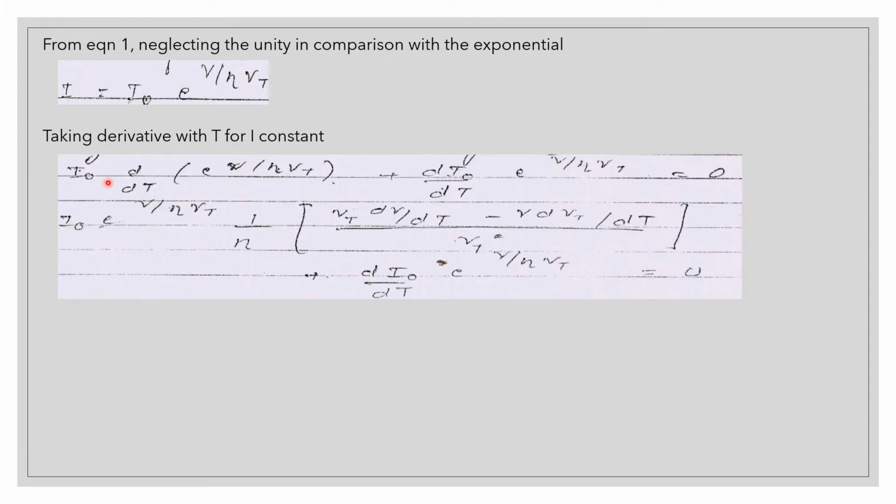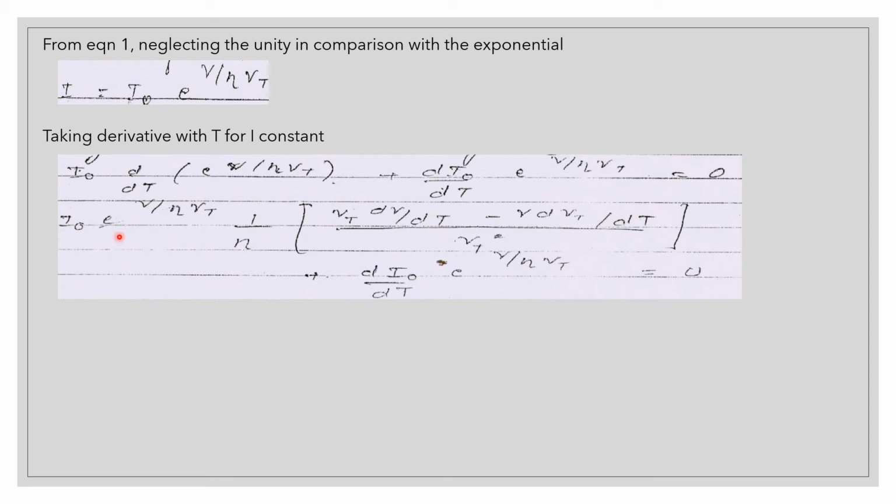From equation 1, neglecting the unity in comparison with the exponential, the minus 1 is not there now. So we get I = I0 e^(V/ηVt). Taking the derivative with respect to T for I constant, we get I0 d/dT(e^(V/ηVt)) + (dI0/dT) e^(V/ηVt) = 0, since the current is constant, so its derivative is 0.